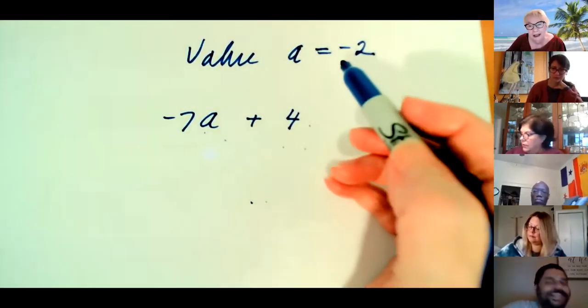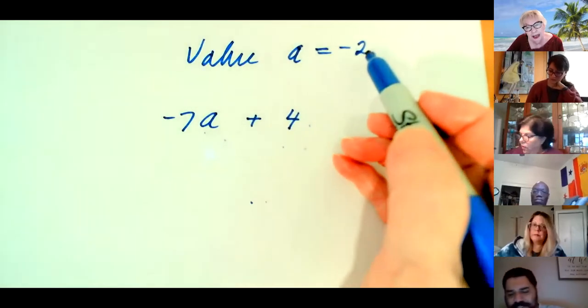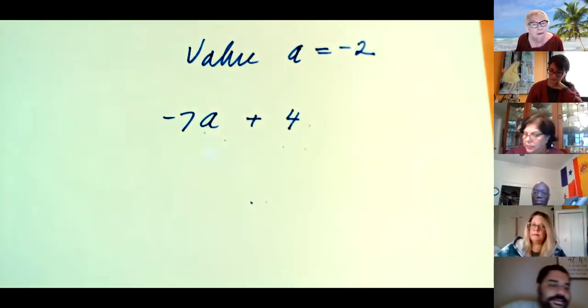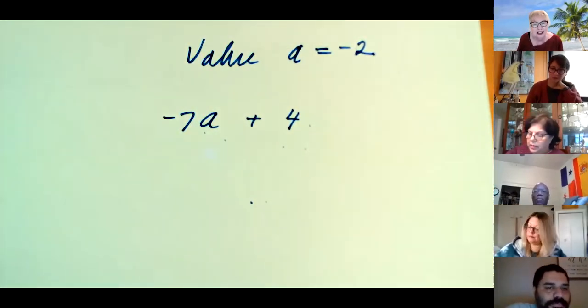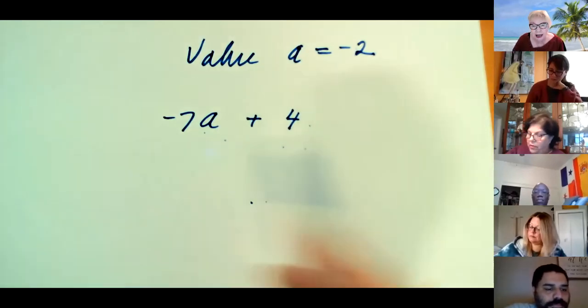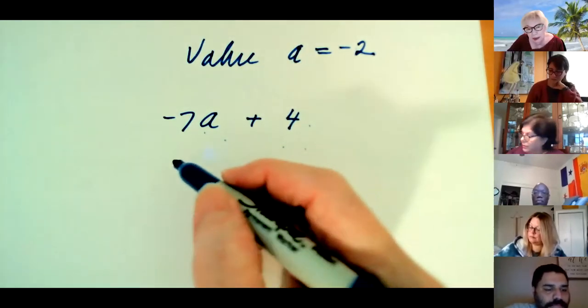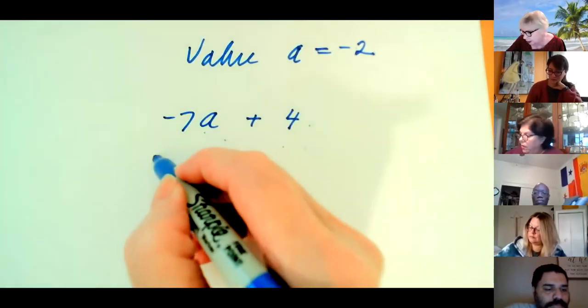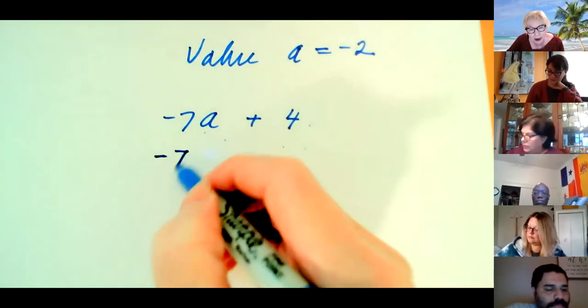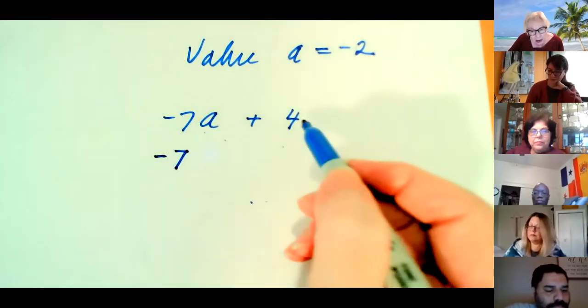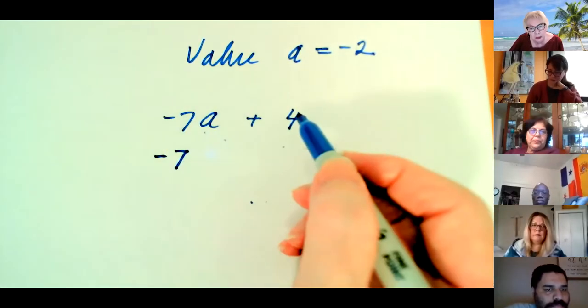Well, when the number you're putting in is negative, it's more important than ever to use parentheses. And I've seen this a million times. This is the way to do it. Not that you can't do other ways. Here's the original problem.